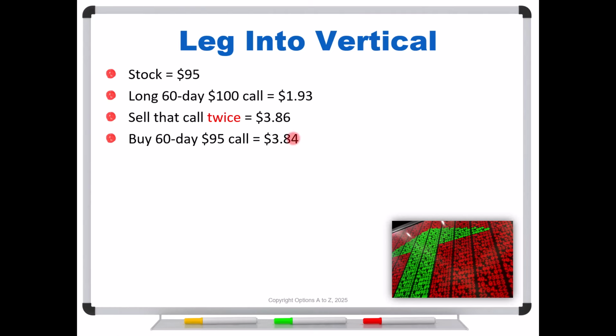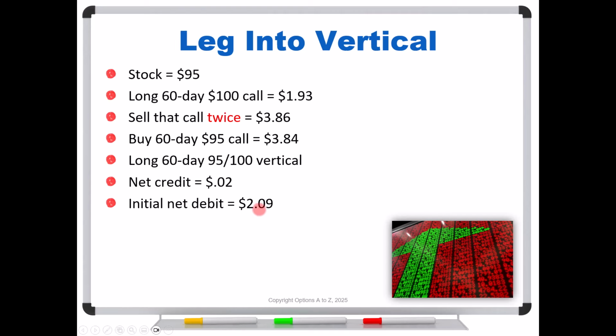And when we do this, this is going to give us the long 60-day 95-100 vertical, and we got a small credit of 2 cents, but basically a net zero. That's the idea anytime you hear a repair strategy. Traders are trying to get out for a slight credit or maybe a slight debit, but giving themselves another chance at making profits. So again, the initial debit, remember, was 209.